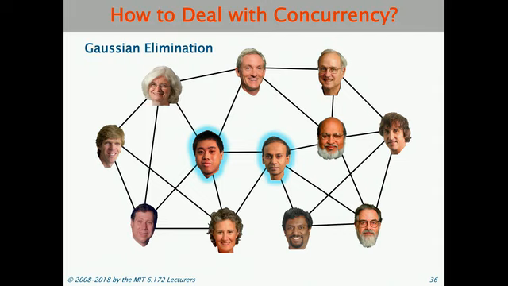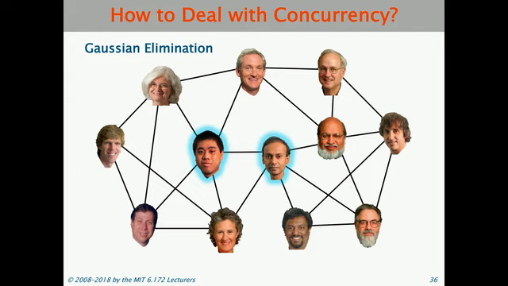Because now they're adjacent to each other, and if I just do what I express, there's going to be all kinds of atomicity violations, et cetera. By the way, the reason I'm picking these two folks is because they're going to a better place. Okay, so how do you deal with this?